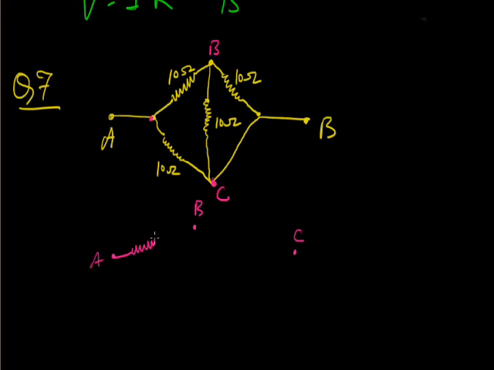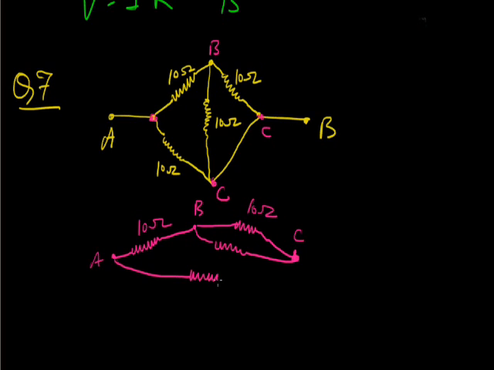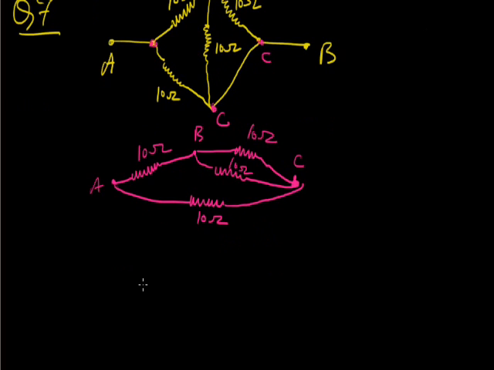The resistance between A and B is only 10 ohm. Between this is also C point. Between B and C, 10 ohm again. It is also between B and C, and this resistance is between A and C. So the equivalent circuit will be this. All the resistances are of 10 ohm. So equivalent resistance: 10 plus 5, because both 10 and 10 are parallel.